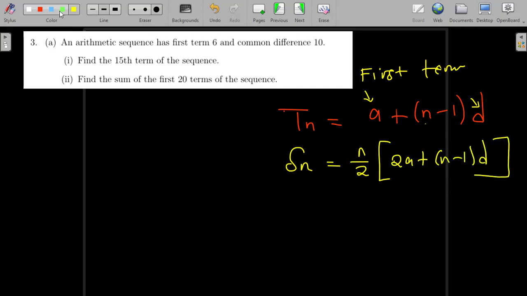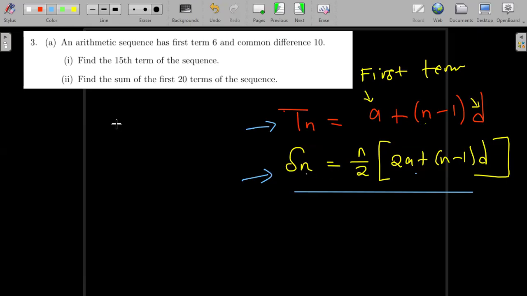Again, n is the number of terms, a is the first term, and d is the common difference. On all the questions in this video, we are going to use these two formulas to find whatever we are asked to find.